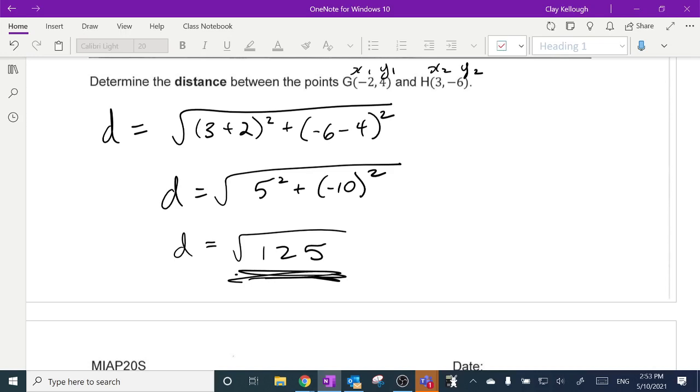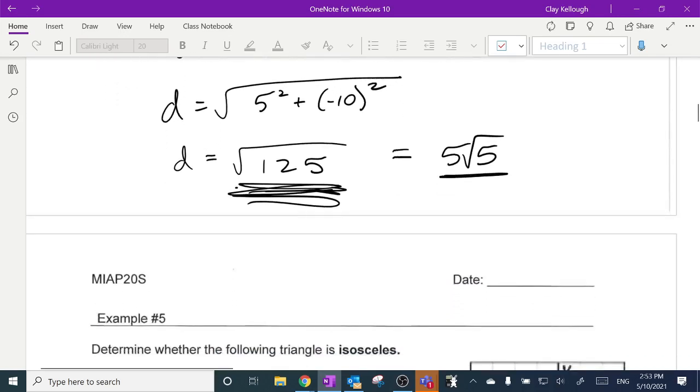But once I've taught you chapter 4, if this was an exam question, that's going to cost you half a mark. What perfect square is in 125? 25. So the 25 comes out of the radical and it becomes its square root. So it's 5 root 5. There we go. But again, for right now, that's a perfectly good answer. I'll take it.